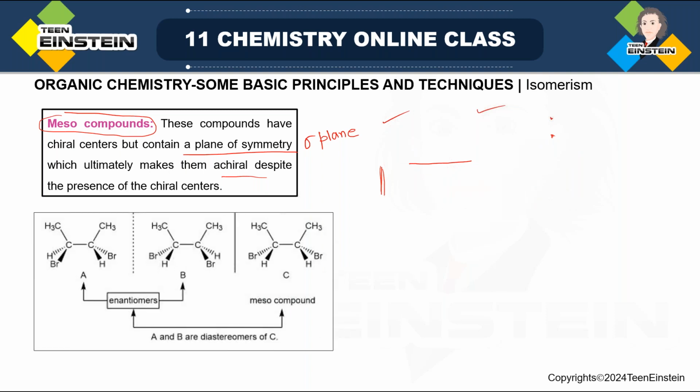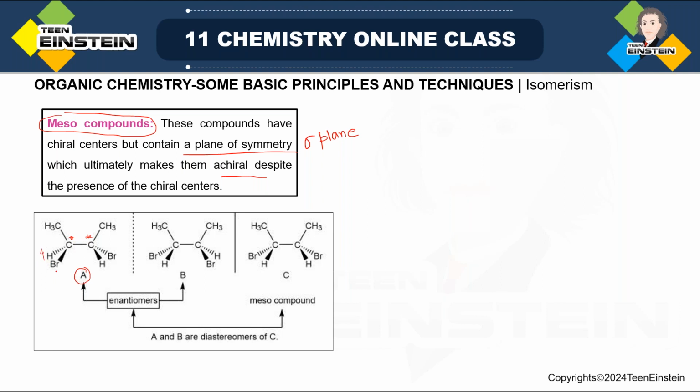Here we have a total of 3 pictures, but try to understand the relationship. If you look at compound A, we have 2 chiral centers. In these 2 chiral centers, hydrogen is already away from us. We already know the rules based on which you can decide RS nomenclature, so we'll use the rules we learned in the last class.